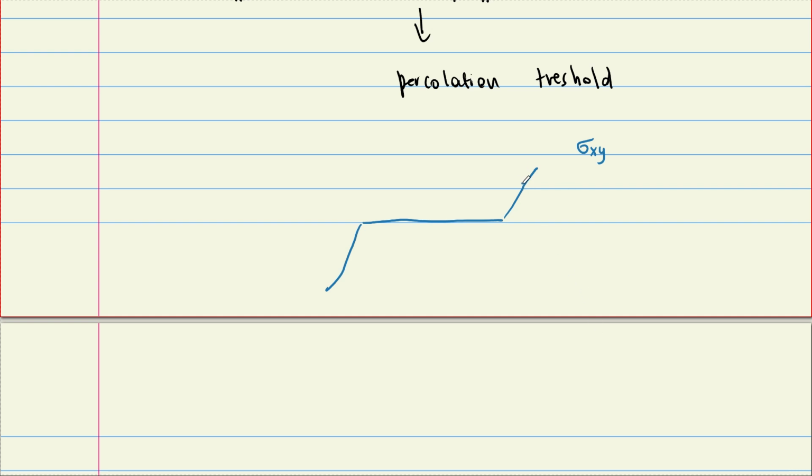So there is a critical point here where they intersect, and here something like that.